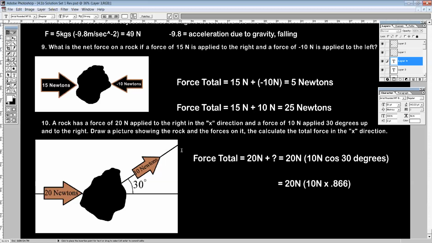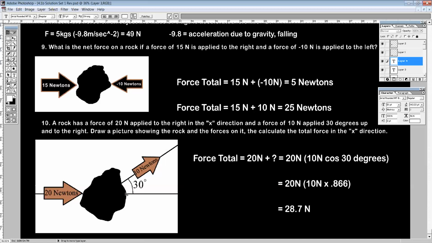I like working with decimals. And then when we multiply that all out, our final result is 28.7 newtons. And again, this is our force total that's all moving in the x direction here. You see my little cursor moving there.